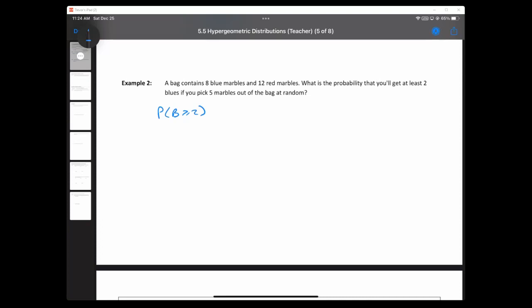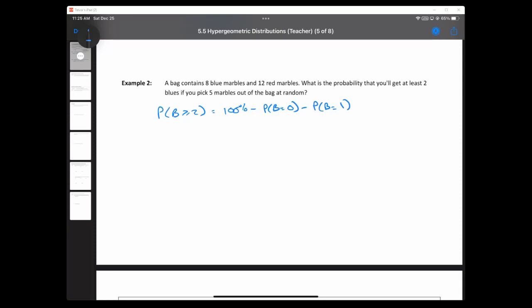So I can do it directly, and calculate the probability of drawing 2, 3, 4, or 5 blue marbles, which is 4 things to calculate. Or I can say the only things I don't want are 0 or 1 blue marbles, and I think I'm going to approach it that way. So I'll do it as 100% minus the probability of getting 0 blue minus the probability of getting 1 blue.